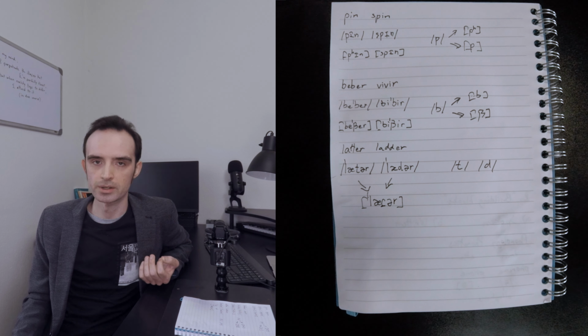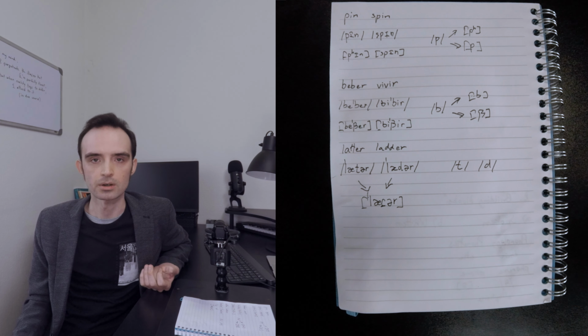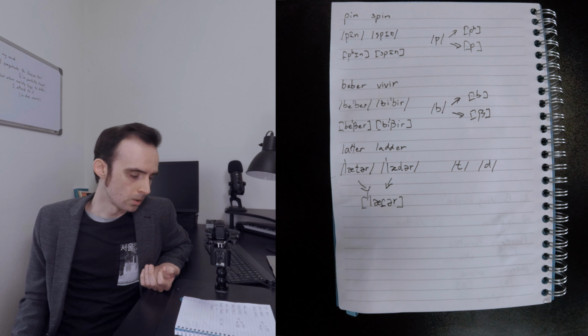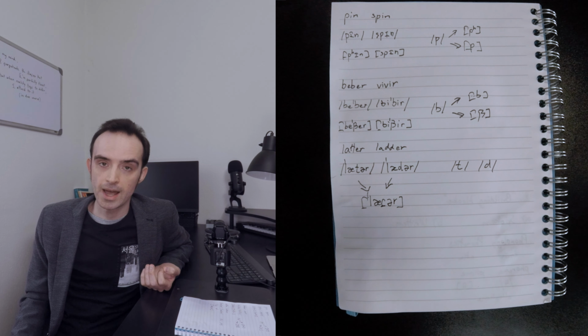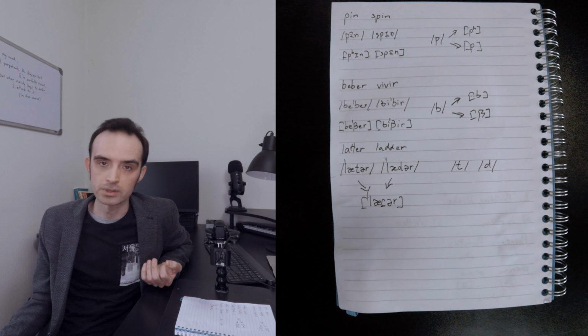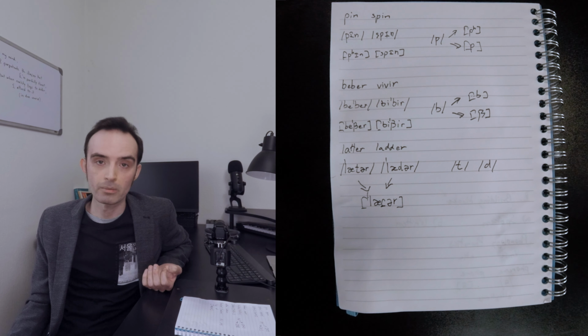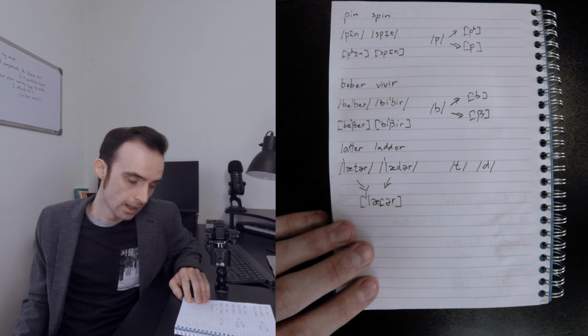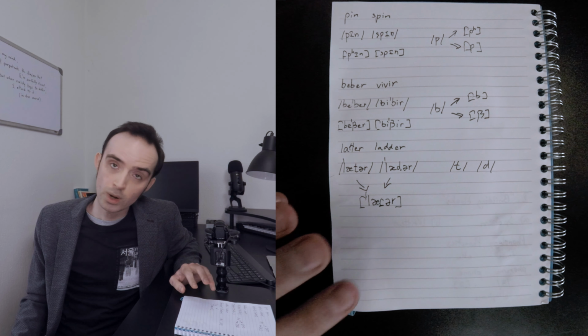It's called the neutralization of phonemic distinction. So this is also something that might happen. In certain circumstances, the T and D phonemes, which are normally distinct, can become indistinguishable, like in this case.